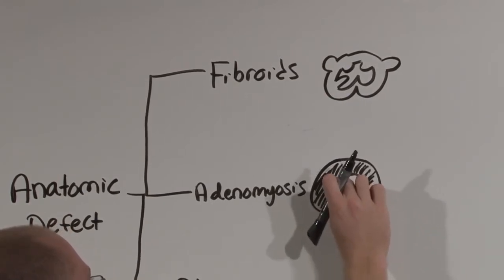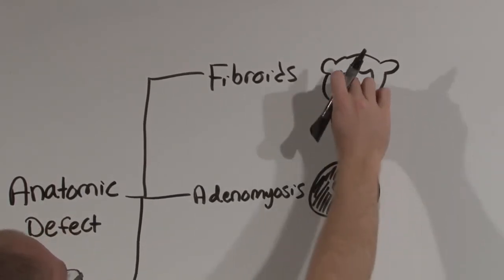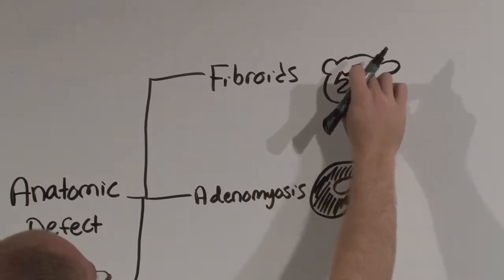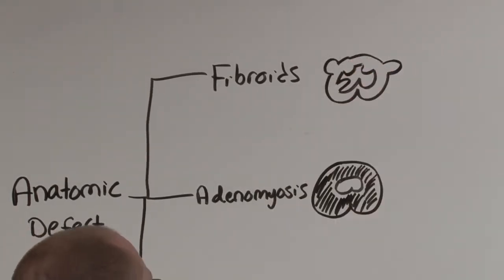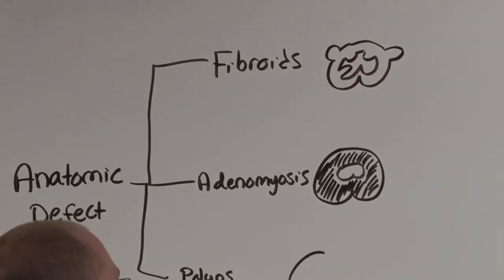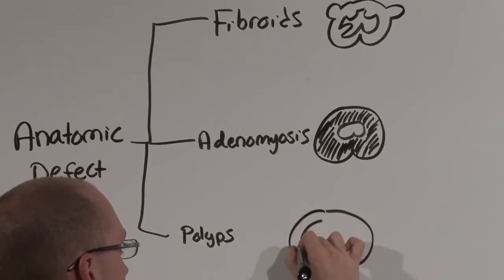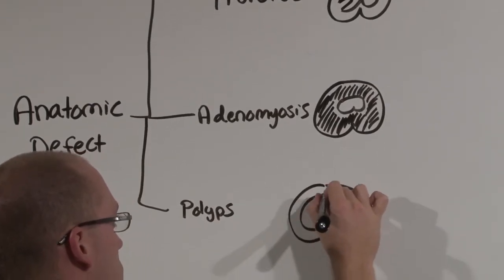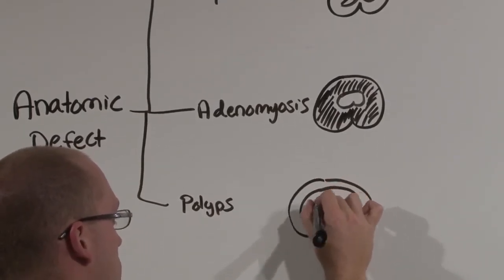So the normal lumen is much smaller, whereas in fibroids, the normal lumen is simply taken up by a bunch of fibroids. And polyps, a normal uterus simply has a little dangly.